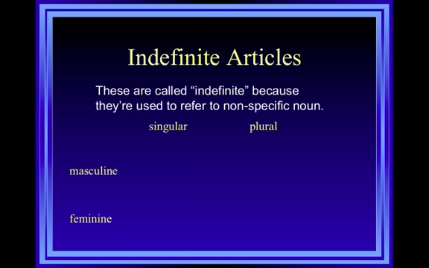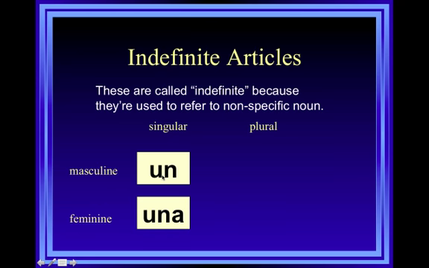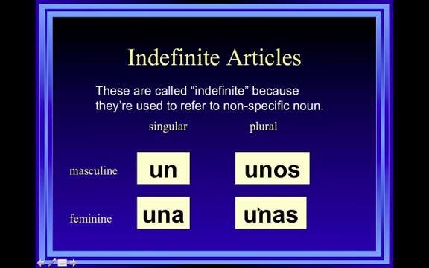So, indefinite articles are talking about non-specific nouns. And here are the indefinite articles in Spanish. Un is masculine and singular, so it goes with masculine and singular nouns. Una is feminine and singular. Unos is masculine and plural, and unas is feminine and plural.